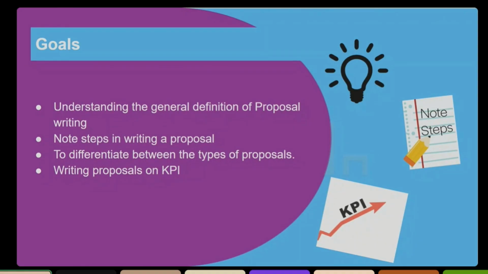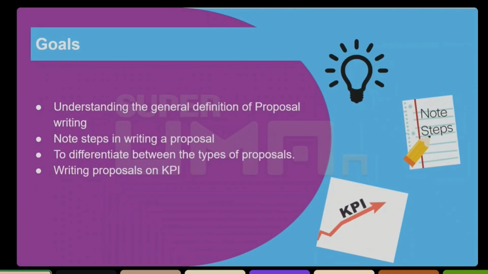Before the end of this call, the goal is to make sure everyone understands the general definition of proposal writing, the steps in writing a proposal, how to differentiate between the types of proposals, and writing proposals on KPI. Hopefully everyone should understand this by the end of the session.